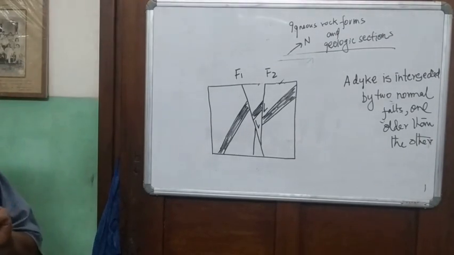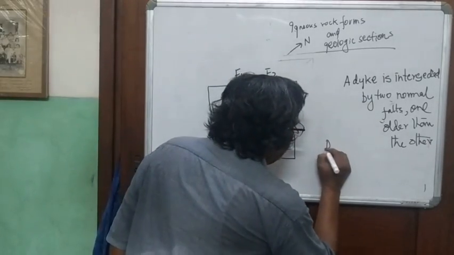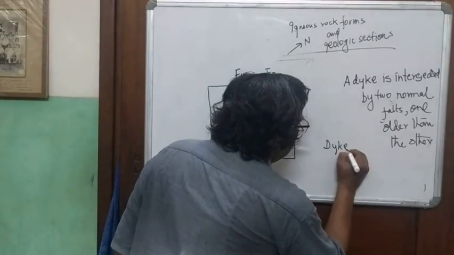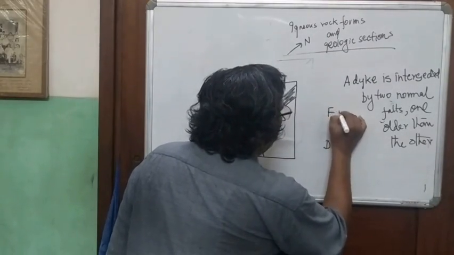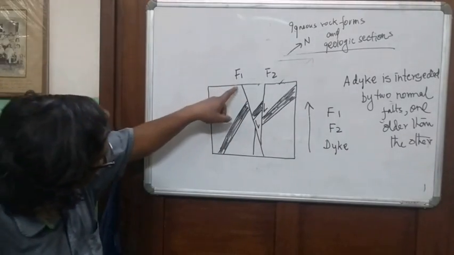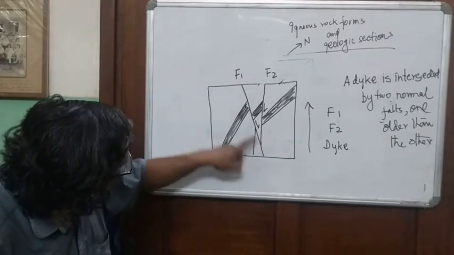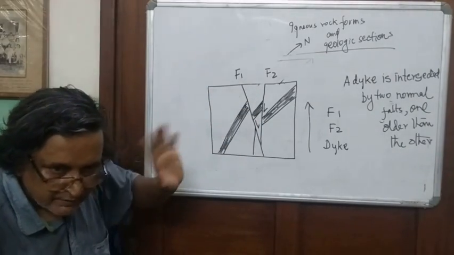Tell me, have you understood it? So, it is like this: dike, F2, F1. This is the direction of young. Both F1 and F2 have faulted the dike. No doubt about it.